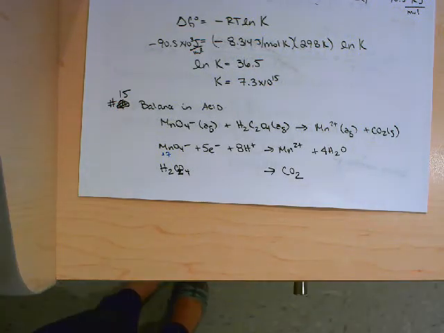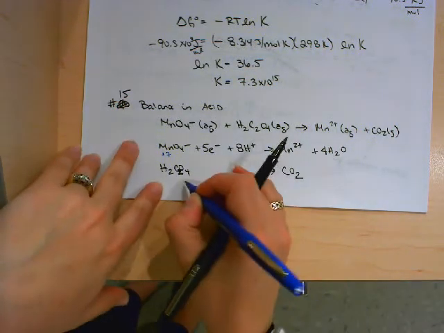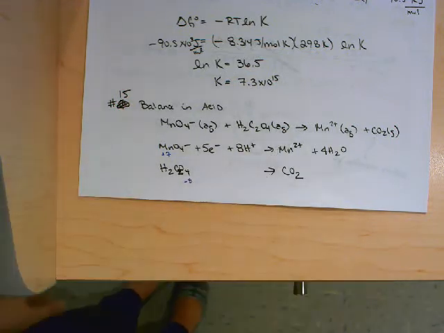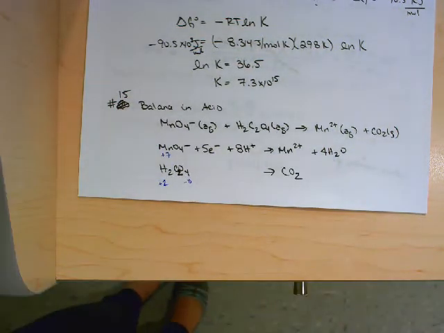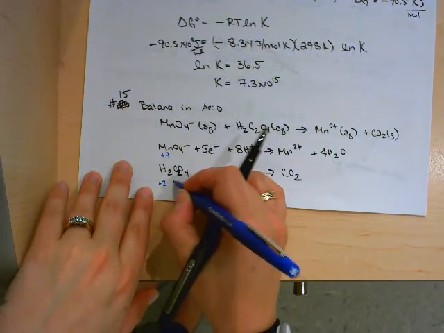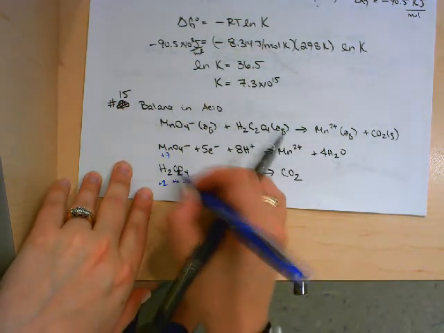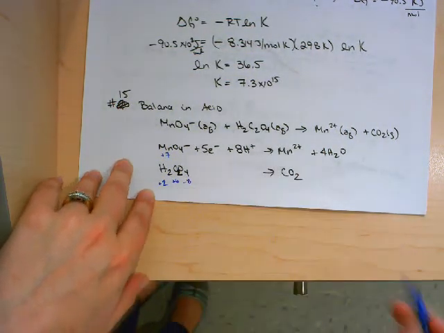So what should the oxygen component count for? -8. What are hydrogens? Just about all the time +1, and I have 2 of them, so they're +2. So what do both the carbons count for, overall, to make the thing neutral? 6. What are they each then? Okay, so they're each +3, +6 altogether.